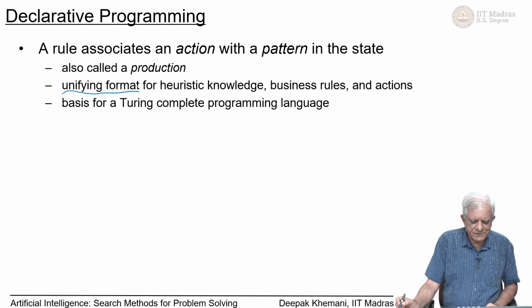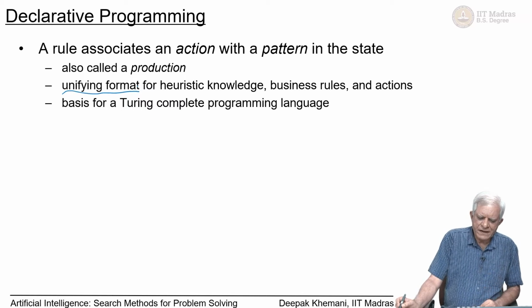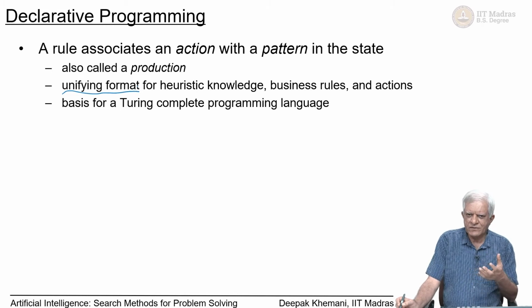other related things. So, because of which declarative programming is also a Turing complete programming language, and by Turing complete we mean that anything that can be computed by a Turing machine. The Turing machine is the most general form of an abstract machine essentially.